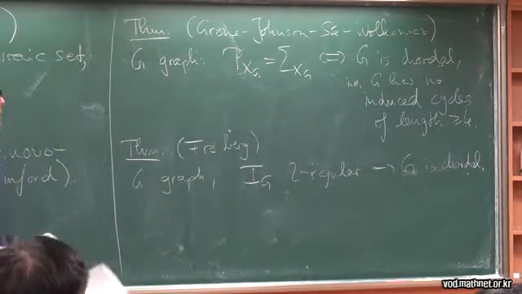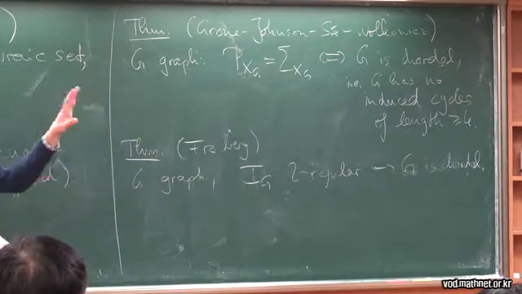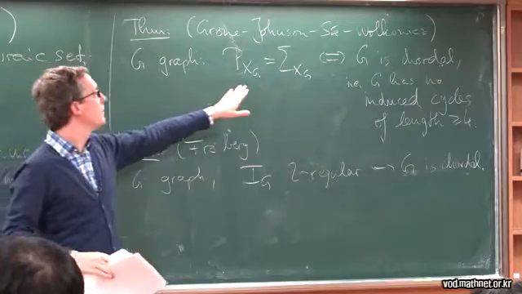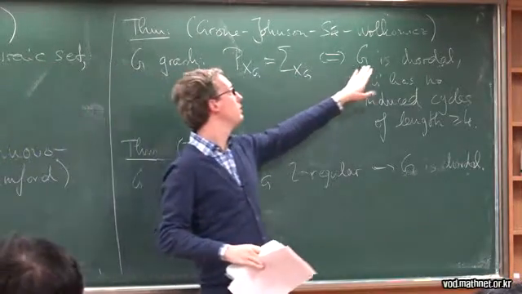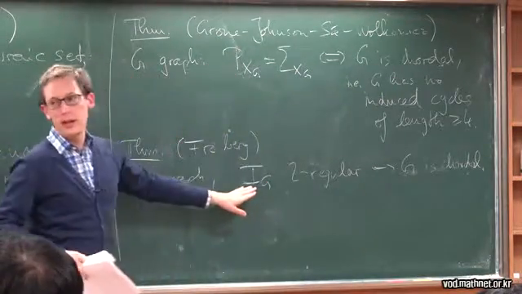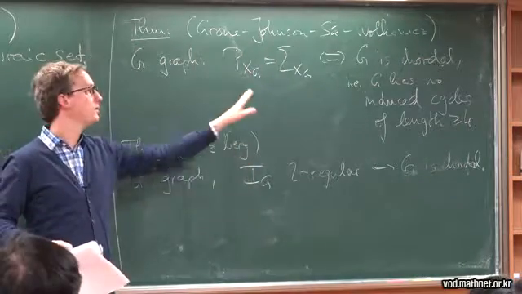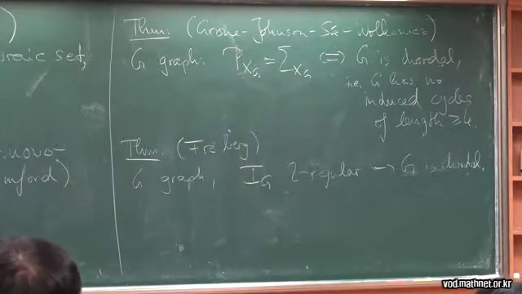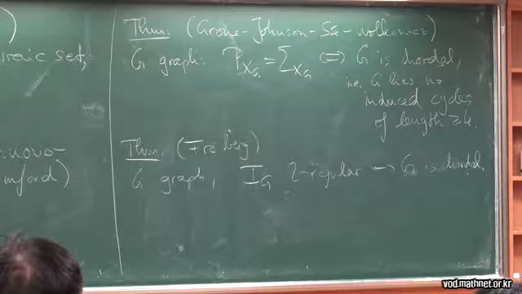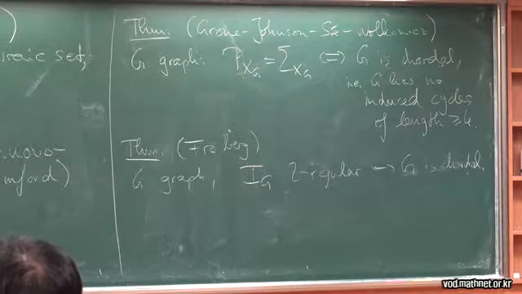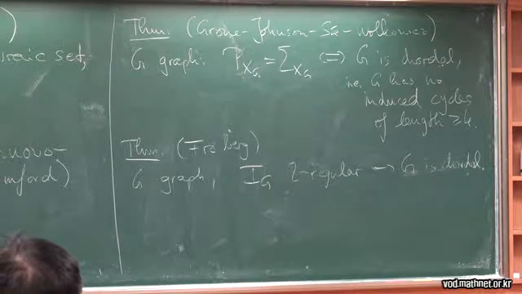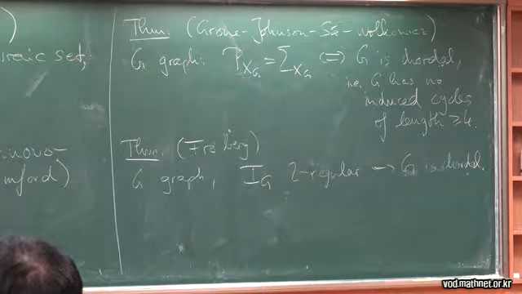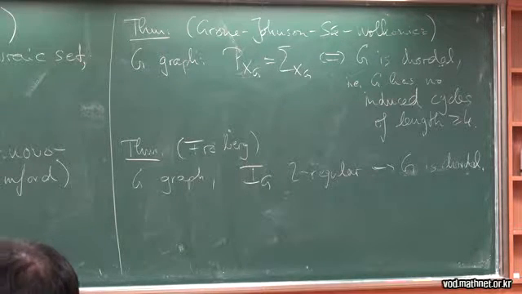So these 3 theorems connect all these 3 conditions: the graph being chordal, and the ideal being 2 regular. Any questions? So far, so good.